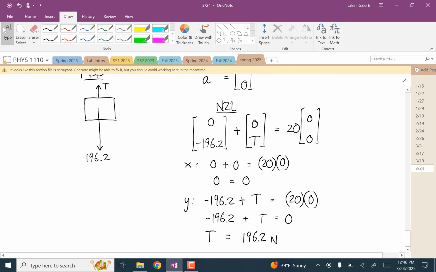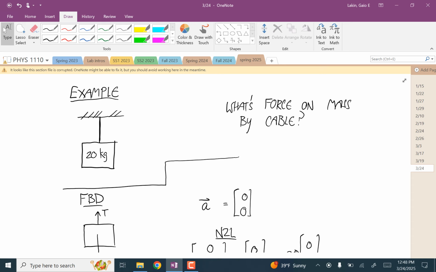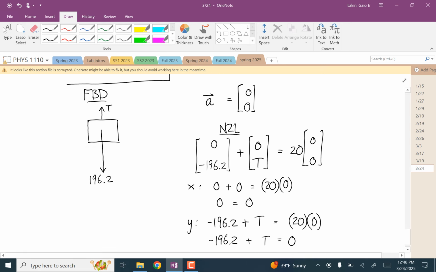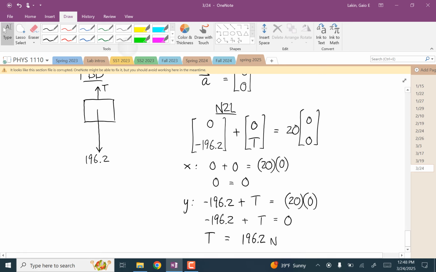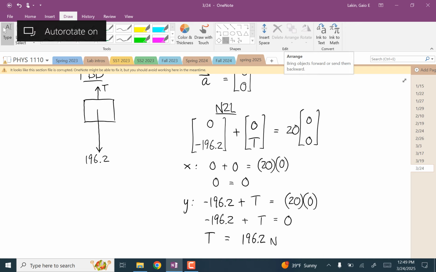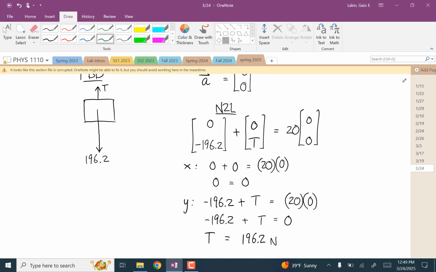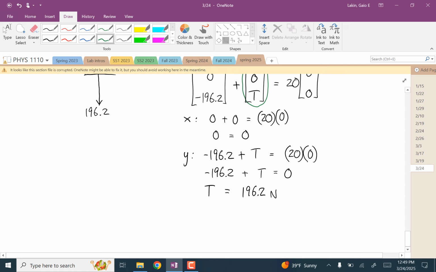And now what we're looking for is the force vector that the cable applies to the mass. Well, that's this. So we're looking for this vector. Well, in order to find that vector, we just need to know what t is. Now we've solved for t.